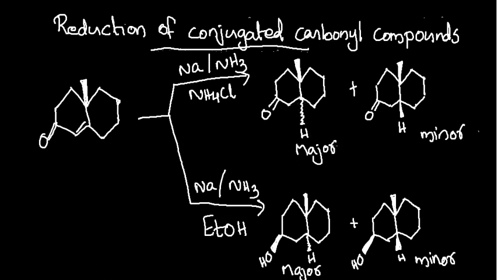This will be the major product, whereas hydrogen on the upper face will be the minor product. That is, trans is the major product, and in the case of ethanol as proton source, it will be reduced into an alcohol, and again trans will be the major product. CH3 and H will be on opposite faces. If CH3 is on the upper face, hydrogen will be on the lower face, and here hydrogen is on the upper face. That will be a minor product.